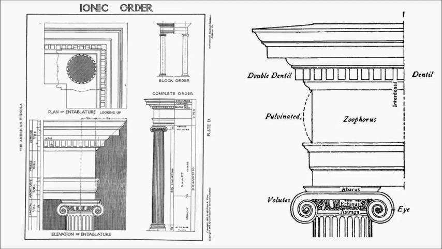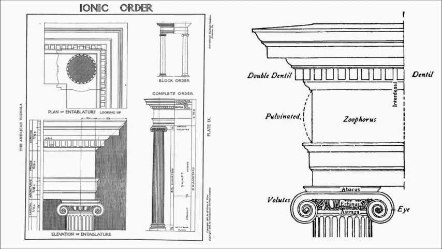But as we think back to the entire proportions, the height of the column is 9 diameters tall. If that is equal to 1, and the entablature is a quarter of the overall height of the column, that makes the entablature 2 1/4 diameters in height, or 2.25.